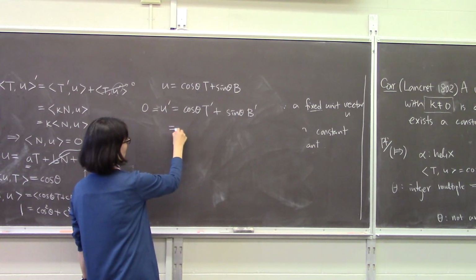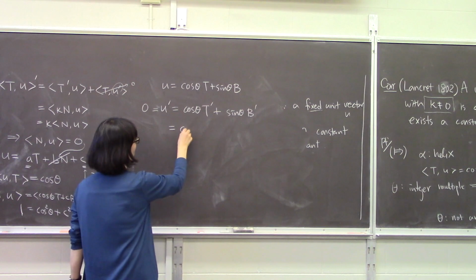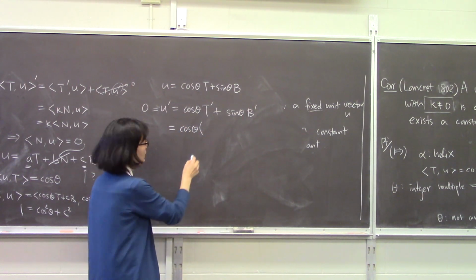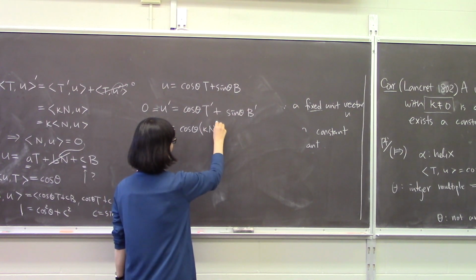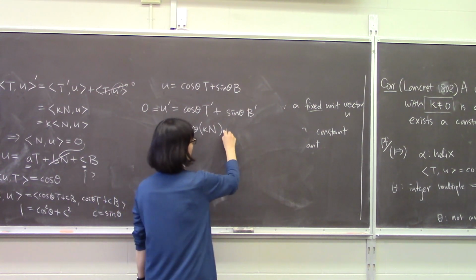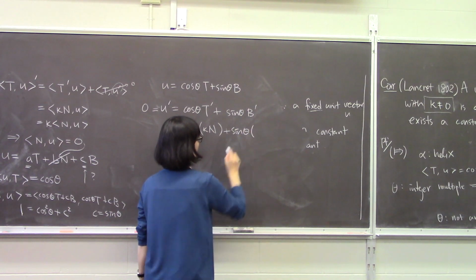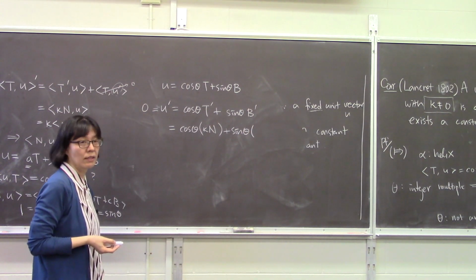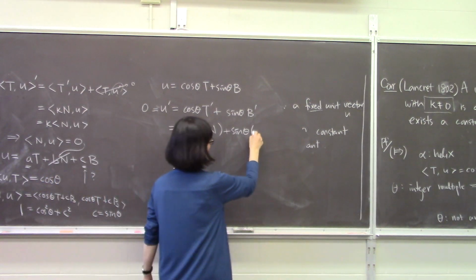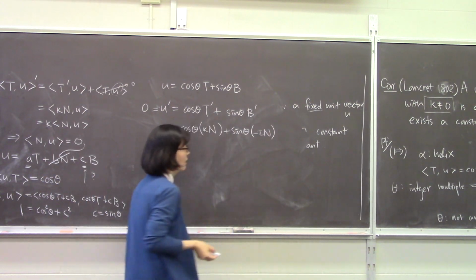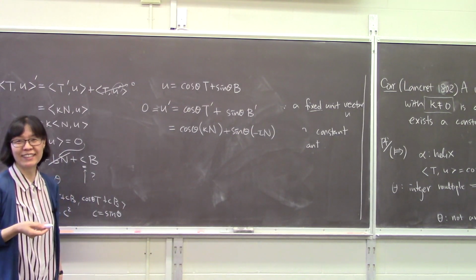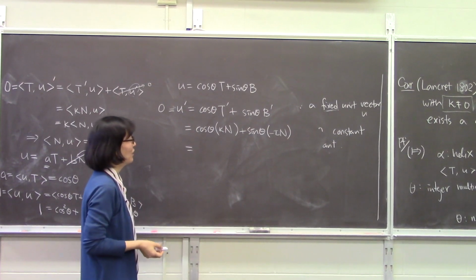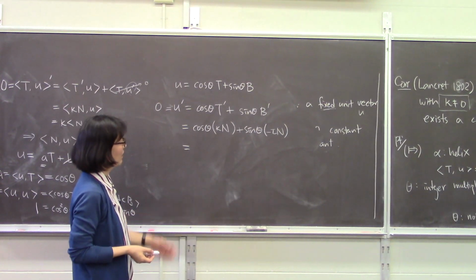Let's see what we have here. Cosine theta t prime, plus sine theta times negative tau, right? You worked in Minkowski spaces. Yeah, change the sign. Okay, so then let's see.